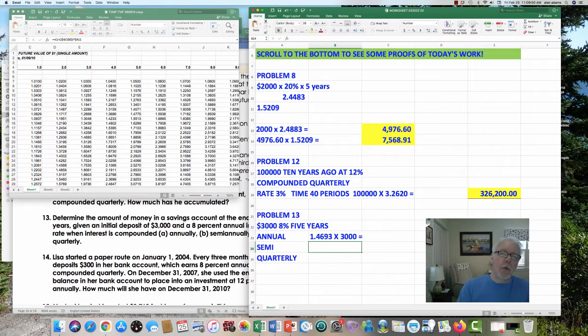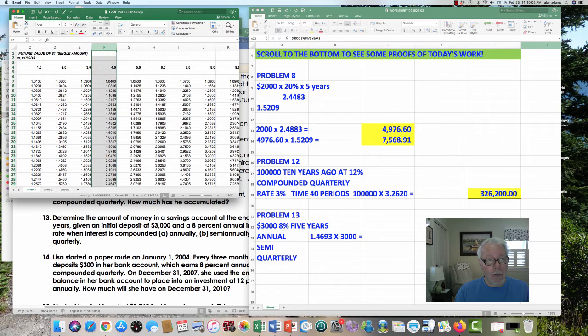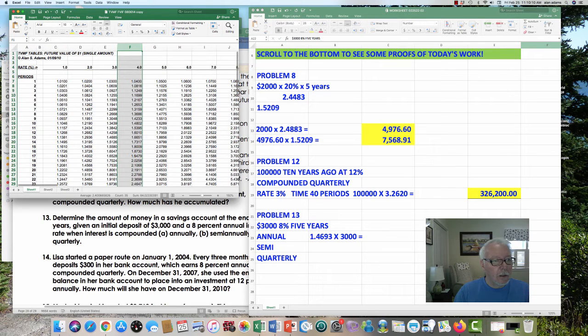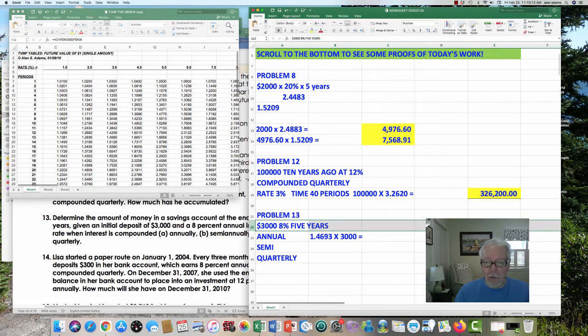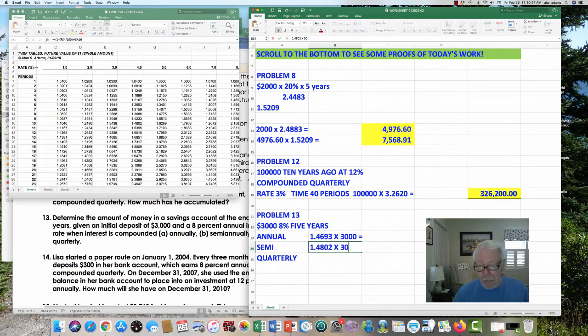There are 2 semi-annual periods in a year, so instead of 8% for 5 years, divide the rate by 2, multiply the time by 2, and we would use 4% for 10 years. 4%, 10 years, hold on. Looks like our number is 1.4802. We multiply that by 3,000. Now we know it's going to be a bigger number because we're compounding more often. We multiply interest on interest more often.